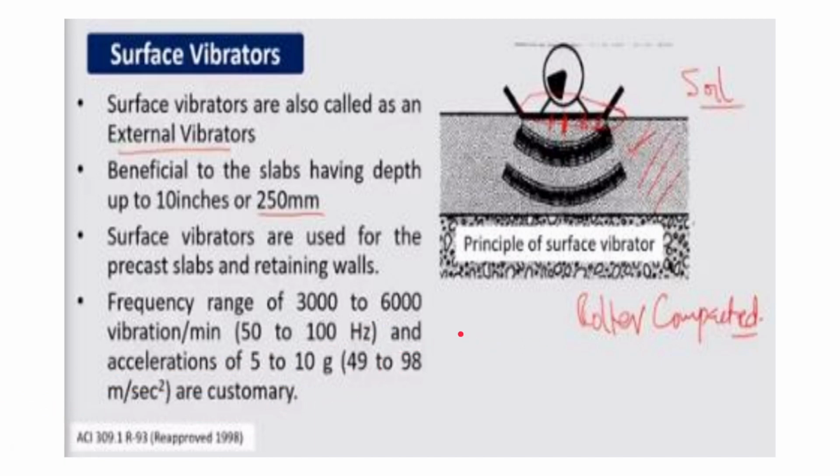So this is the principle of surface vibrator. Like the formwork vibrator, the vibration is given on the surface and it propagates through the concrete medium in a curved way, in a parabolic way, where the parabola is upside. So the vibration propagates through the concrete medium in this way, and this is the principle of surface vibrator.